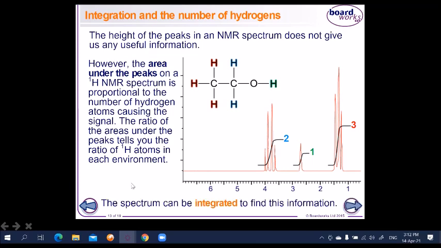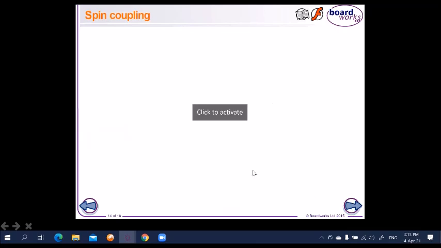Understand? And that's what we talked about earlier with integration. But instead of having an integrated line above the peaks, the high resolution one will just show you in more resolution the split peaks in each chemical environment. So these are 3 chemical environments with very distinct peaks. This is for topic 21, HL students.